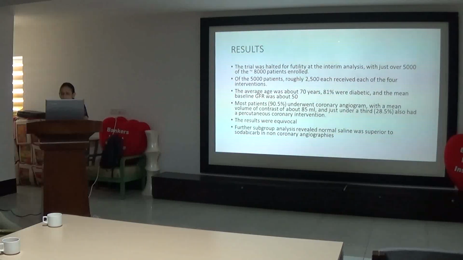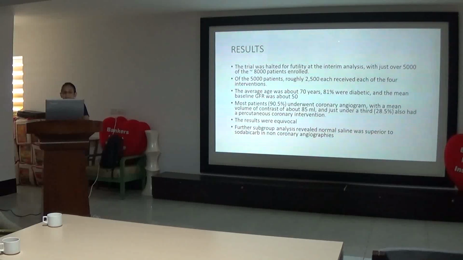It was generalized; some even received contrast-enhanced CT for the abdomen. But if a patient comes with acute coronary syndrome in a cardiac center like this and you subject them to coronary angiogram, will you consider this an emergency angiogram? Only one-third of them had a coronary intervention, so most of them were elective.